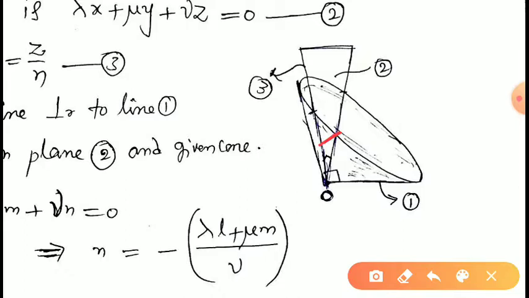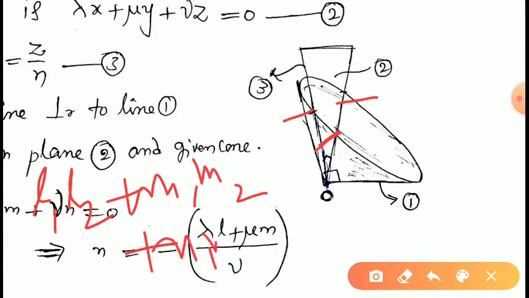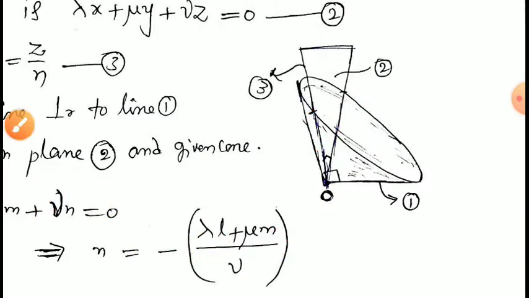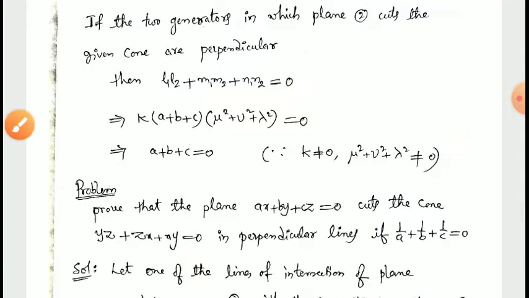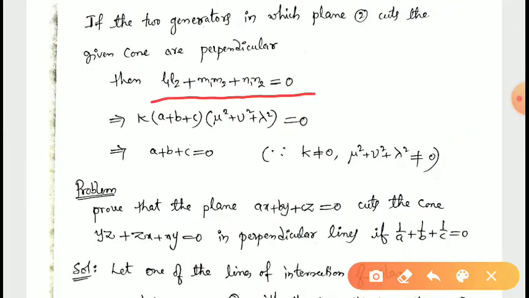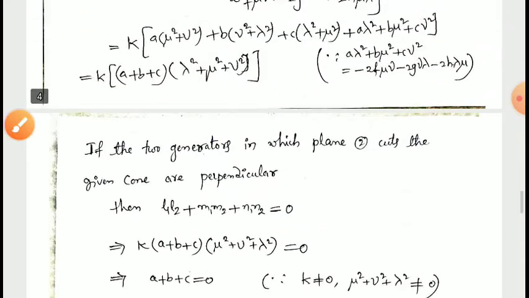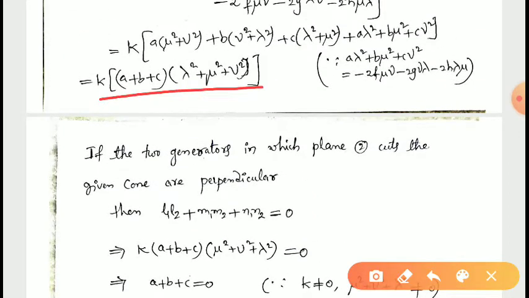Since L1, M1, N1 and L2, M2, N2 are direction cosines of these two lines and the angle between these two lines is 90 degrees, we must have L1 L2 plus M1 M2 plus N1 N2 is equal to 0. Therefore, from this, L1 L2 plus M1 M2 plus N1 N2 is equal to 0 implies we will get this term.